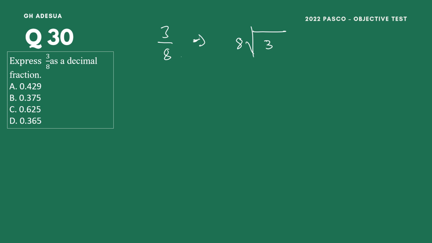You know that 8 definitely cannot go into 3, so per the rule of long division, we have 0 point. Our point now gives 30. So with this 0 point, now for 30, 8 can clearly go into it.